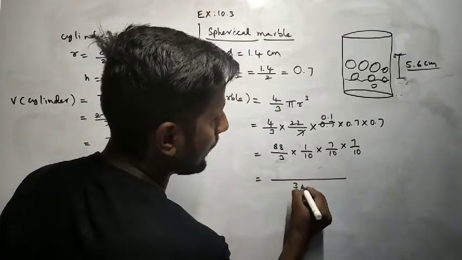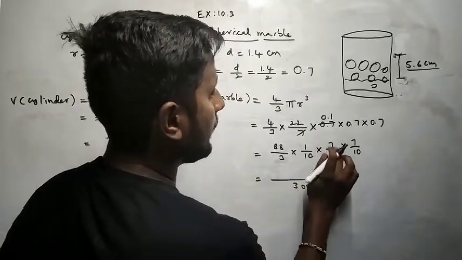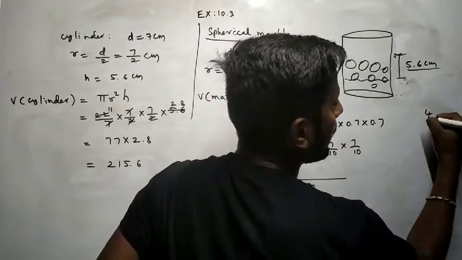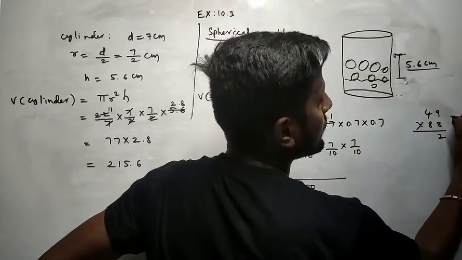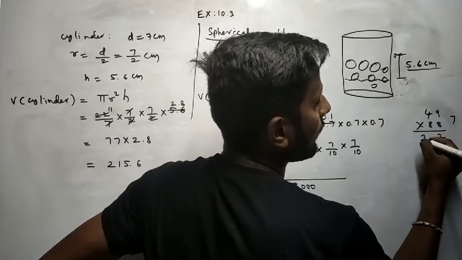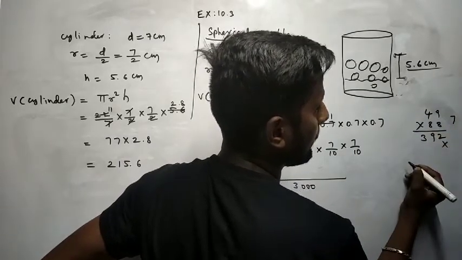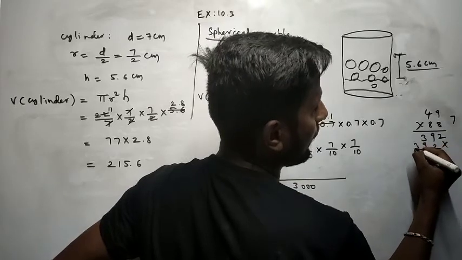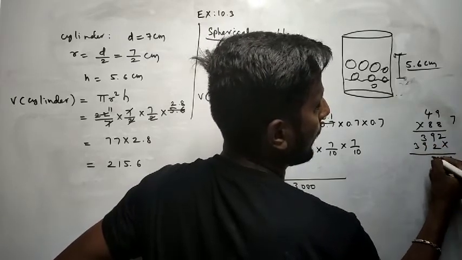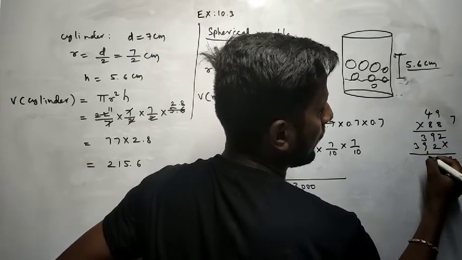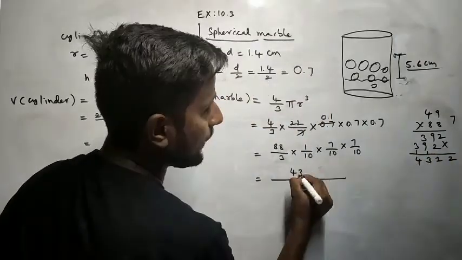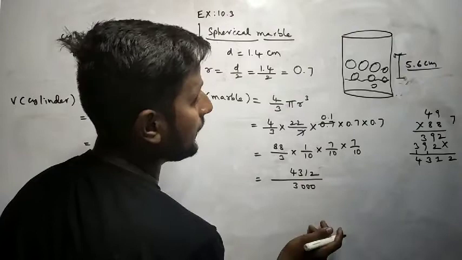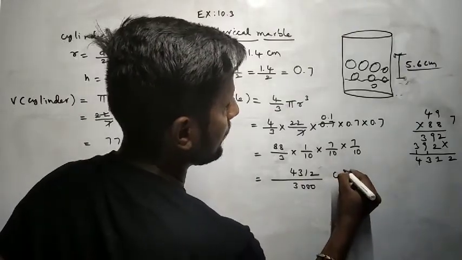So we'll write it as 3000, and 7 sevens are 49. 49 into 88. 8 9s are 72, 7 carry, 32 plus 7, 39. So simply we'll write 4312 by 3000 centimeter cube.